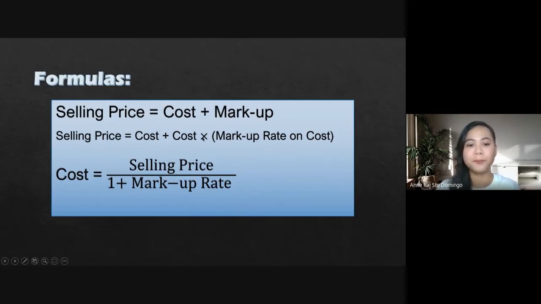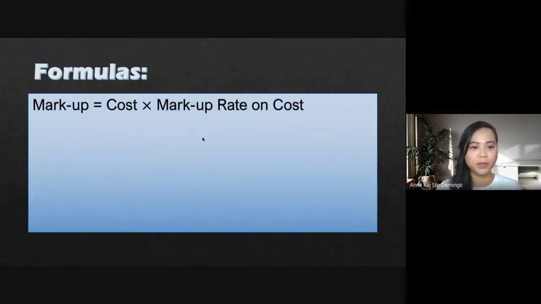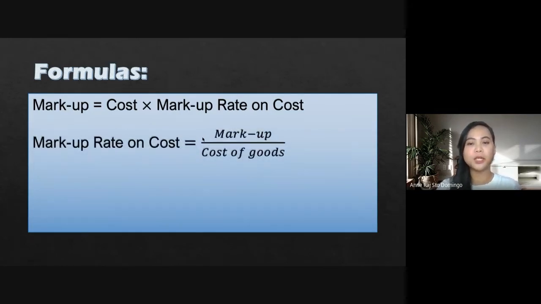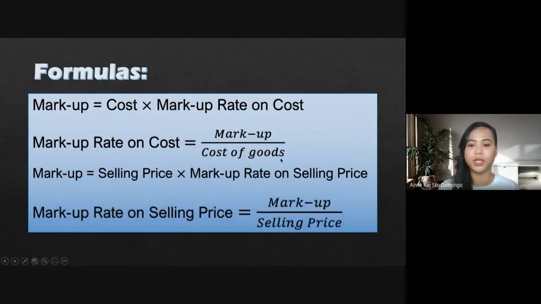So, cost times markup rate, that is the markup. To get the markup rate on cost, just like in mark-on, we first take the markup over the cost of goods. For the selling price, it's the same, but you divide the markup by the selling price to get the markup rate on selling price.